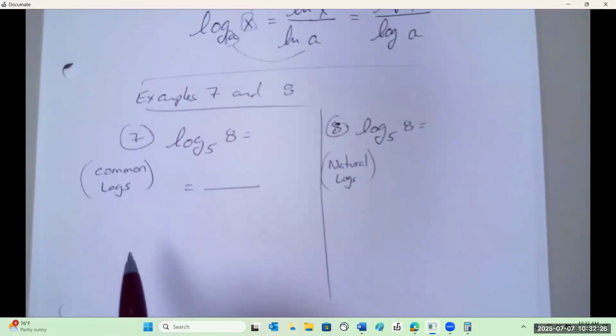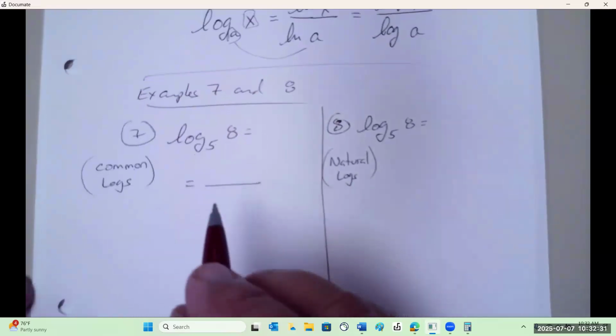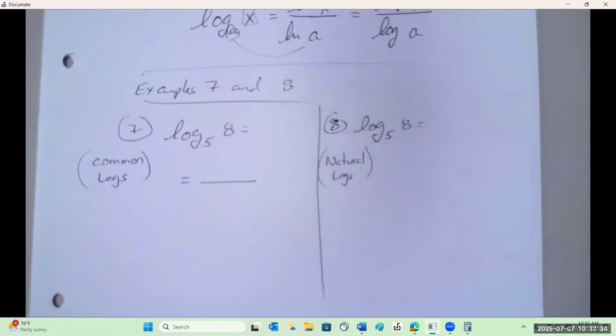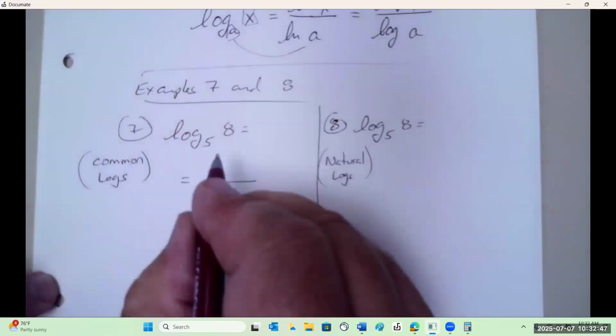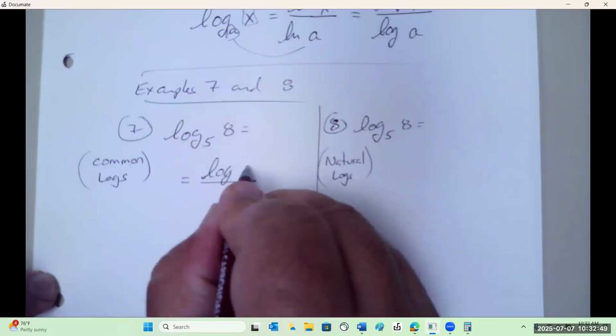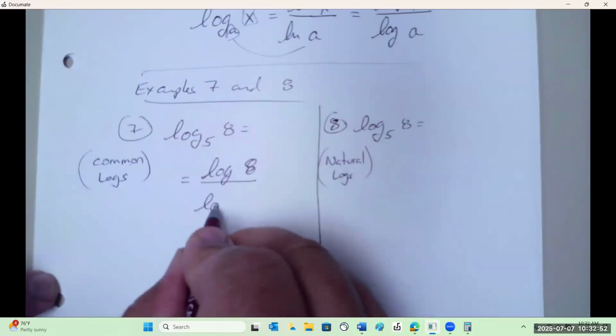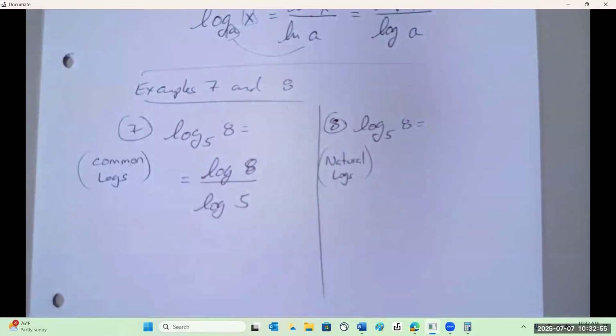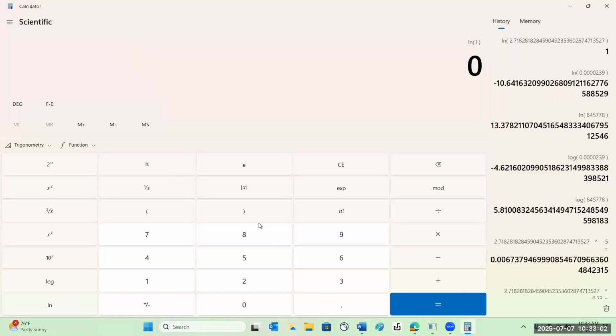What does a common log look like? Log of 8 over log of 5. It's not log base 10. It's just log. If you put base 10, you'll get it wrong.